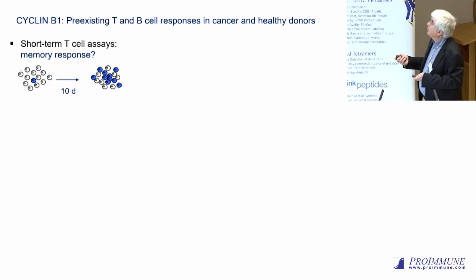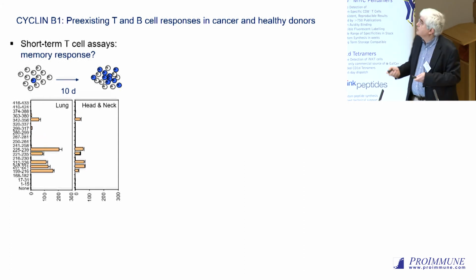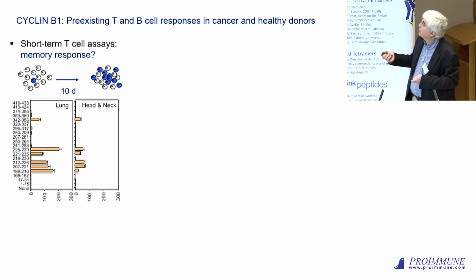And so he applied exactly the same protocol that we did for the therapeutic proteins. It's a very short-term T-cell assay to track the memory response. And this is the mean of 9 donors for the lung and 5 for the head and neck.